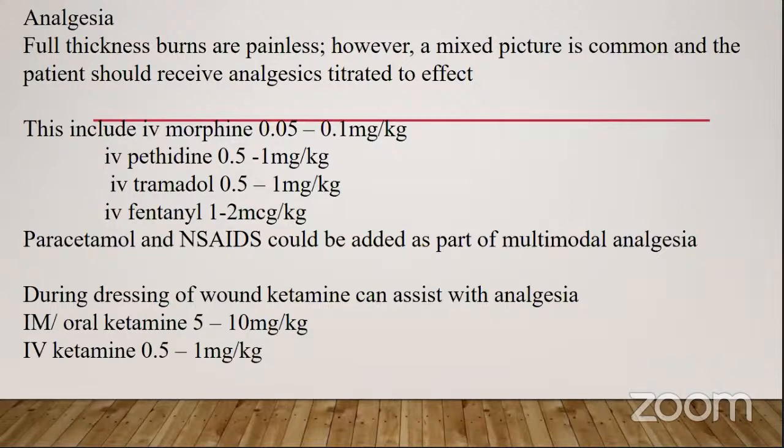Morphine can be used with doses of 0.05 to 0.1 milligram per kg. IV pethidine and tramadol can also be used, and analgesic doses of fentanyl 1 to 2 micrograms per kg can also be used. Paracetamol and non-steroidal anti-inflammatory agents can also be used as part of multimodal analgesia.